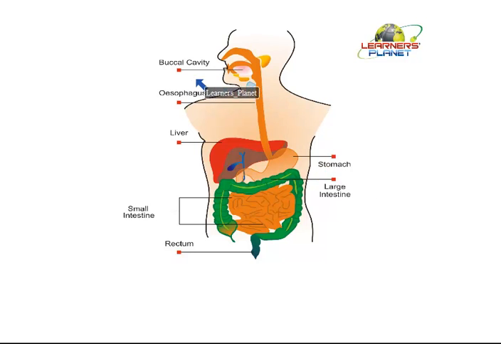Each is having a specific role. The buccal cavity has saliva, so it helps in the lubrication of the food as well as partial digestion. Then the esophagus provides the path for the transport of food to the stomach. Stomach and small intestine are meant for digestion. The liver is meant for secretion.